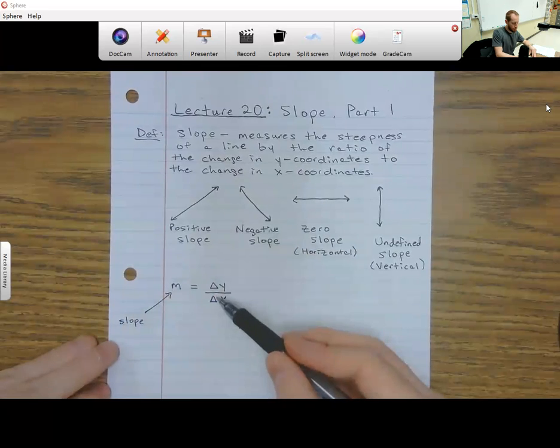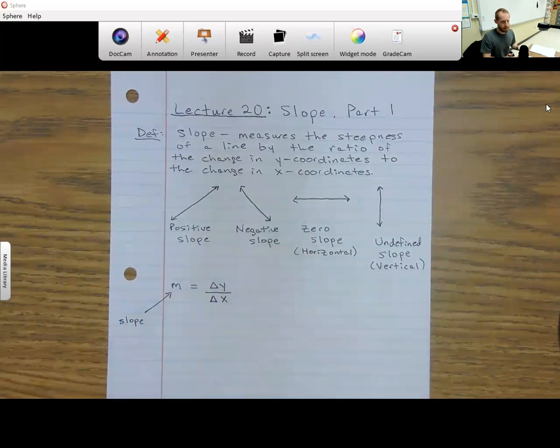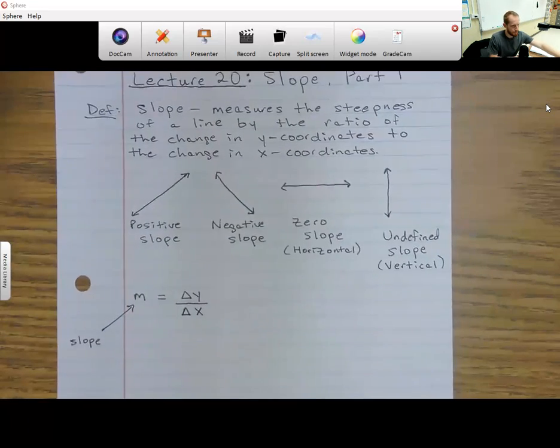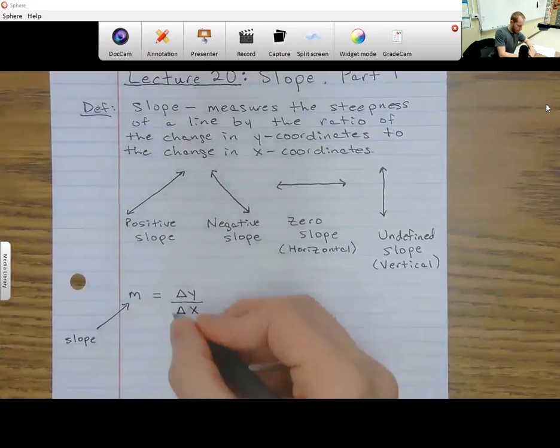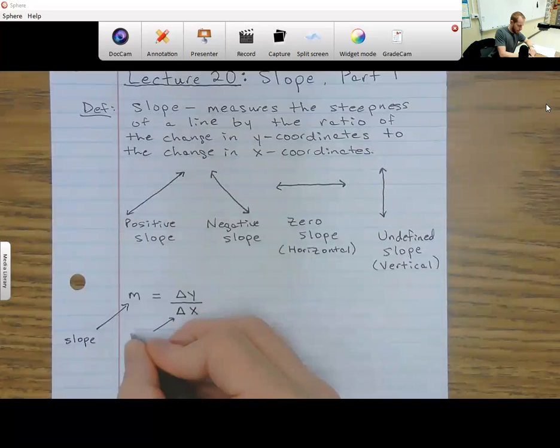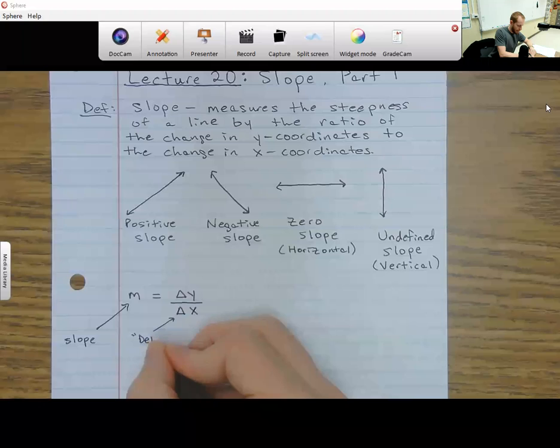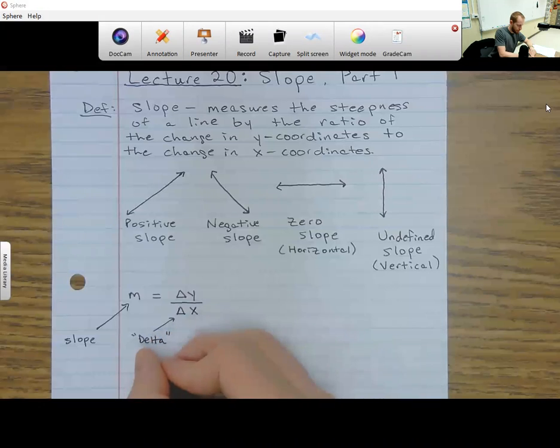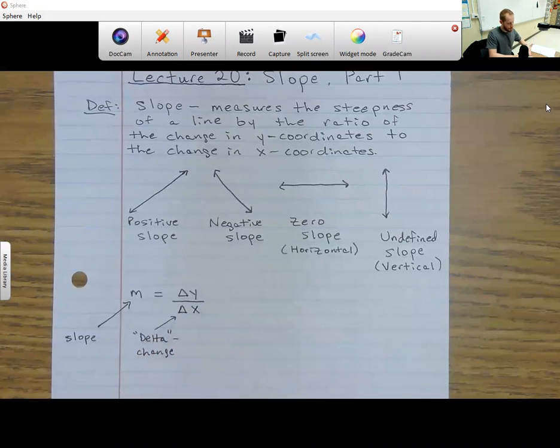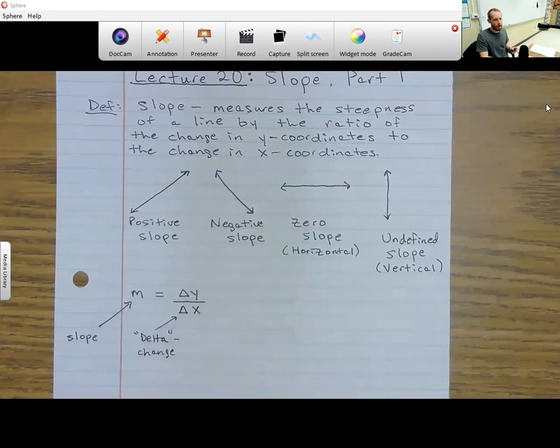And this triangle right here is the Greek letter delta. So let me zoom in on this so you can see it better. Delta means change. So you're going to have change in y on the top, but you're going to have change in x on the bottom. And it's always going to be that way.